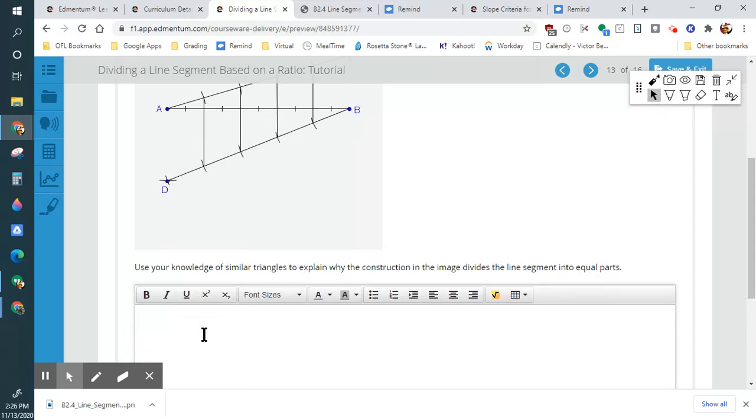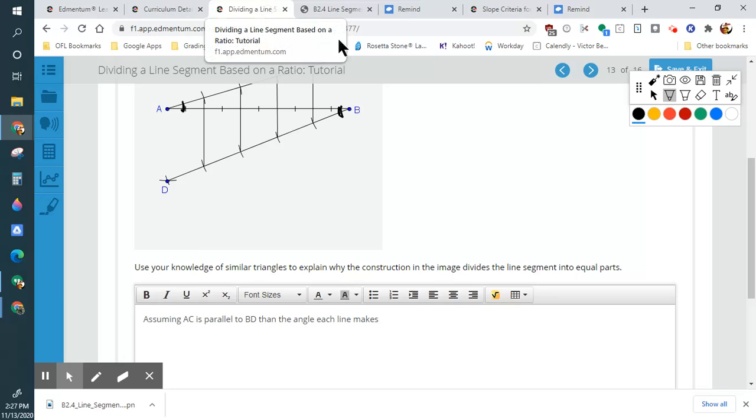Assuming AC is parallel to BD, then the angle each line makes with AB, and you can do this in your own words, the angle each line makes with AB are congruent to each other.